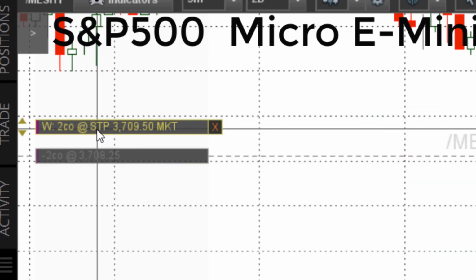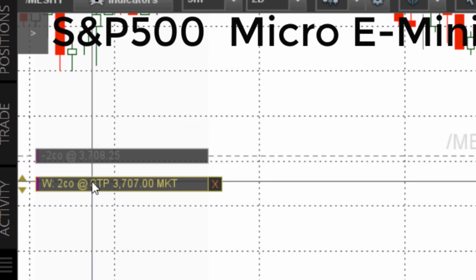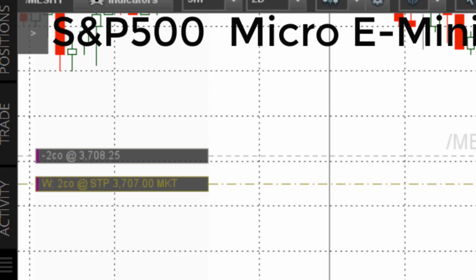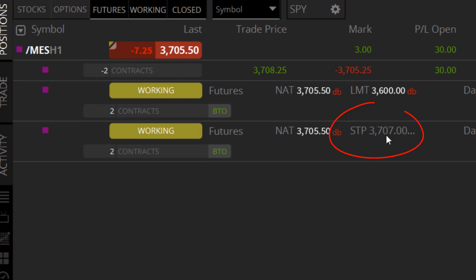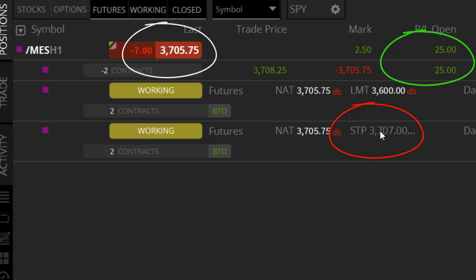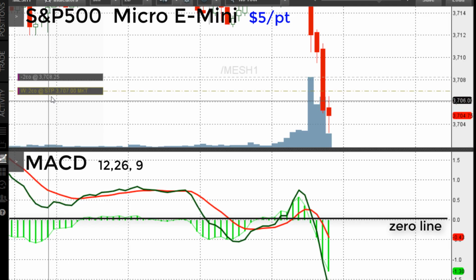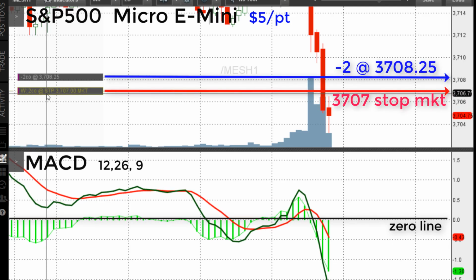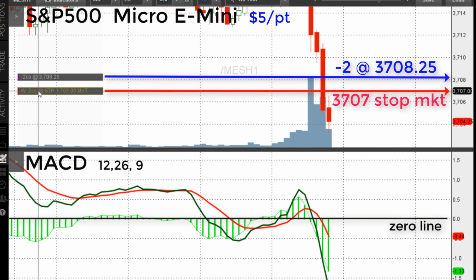I'm going to click and drag the left mouse button one more time, let that go, and I'm down at 37.07. Now, this is great because at 37.07, remember, I shorted at 37.08 and a quarter, so I cannot lose any money on this trade. Up about 30 bucks, the market's trading about 37.05, and we're back to business here.